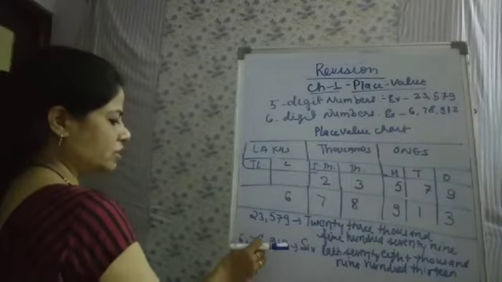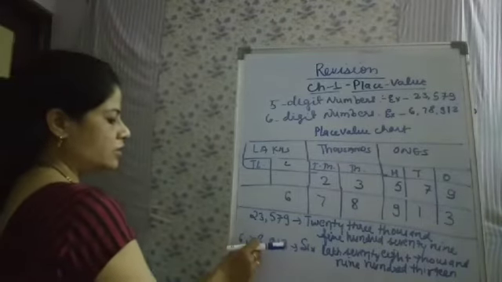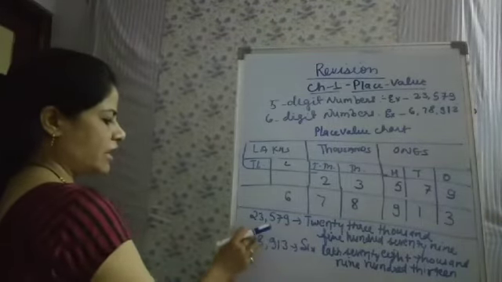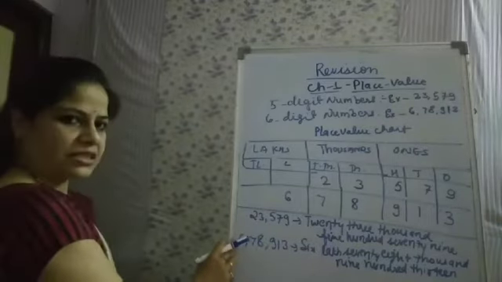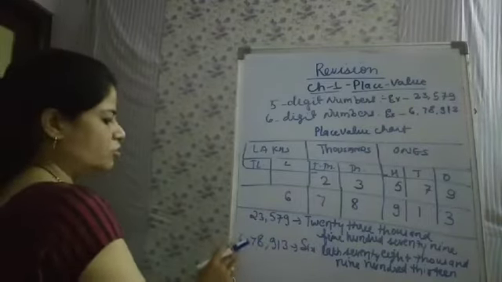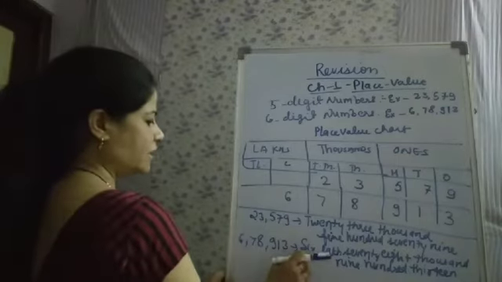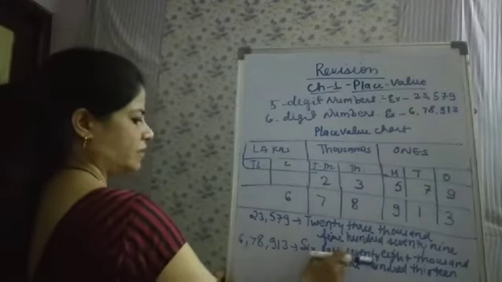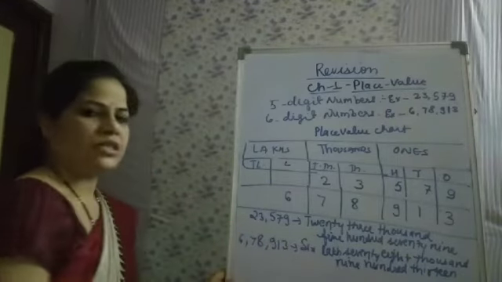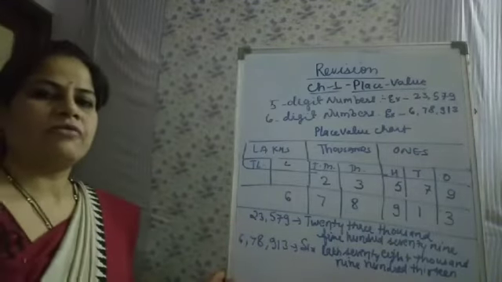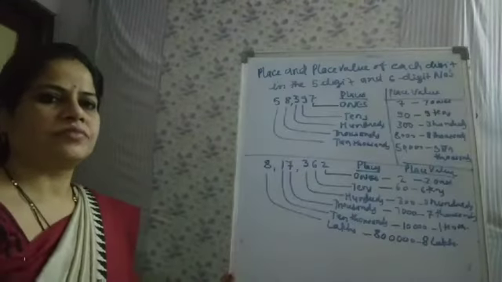Then after 2 digits you have to insert a comma. These 2 digits will go in the thousand and 10,000 places, meaning the thousand period, and this last digit will go in the lakh period. So you have to say it like this: 6,78,913. This way you can read and write 5-digit and 6-digit numbers.